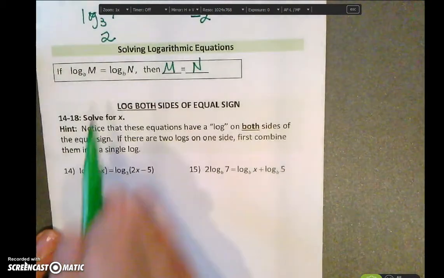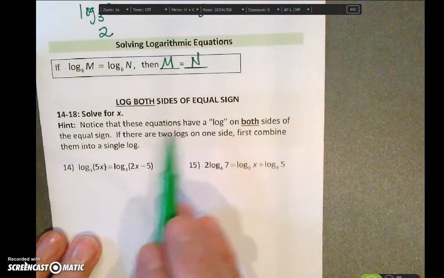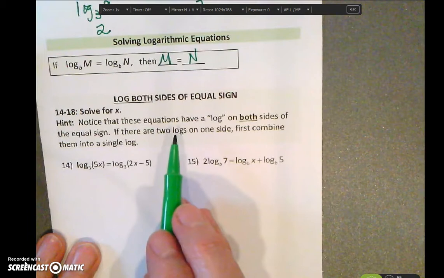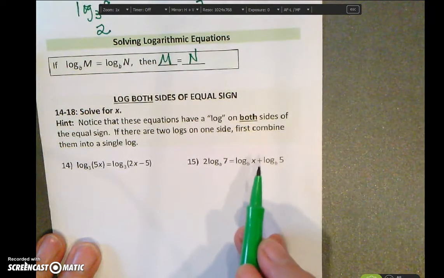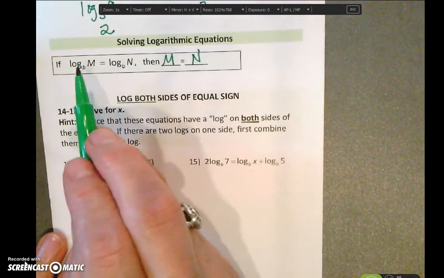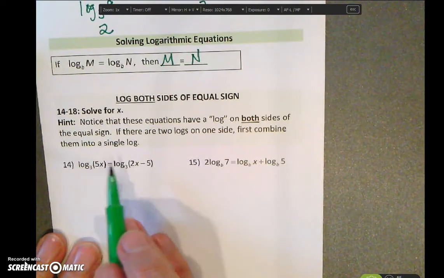So that means there's a log on both sides of the equal sign. So solve for x. If there's 2 logs on one side, like there is right here, we're going to combine them into one log so that it has this look: log equal log. All right, so here we have that look, log equal to a log.